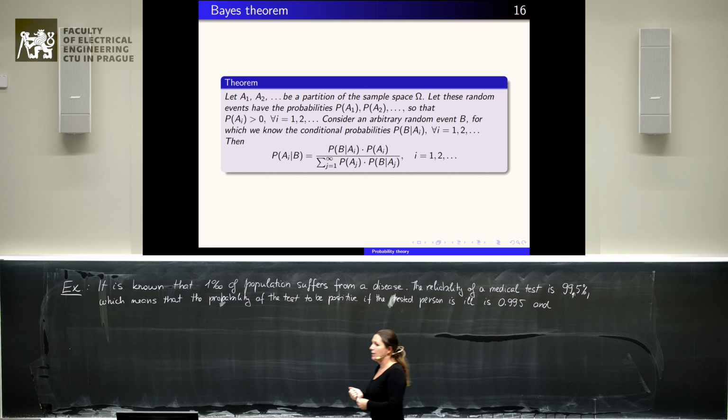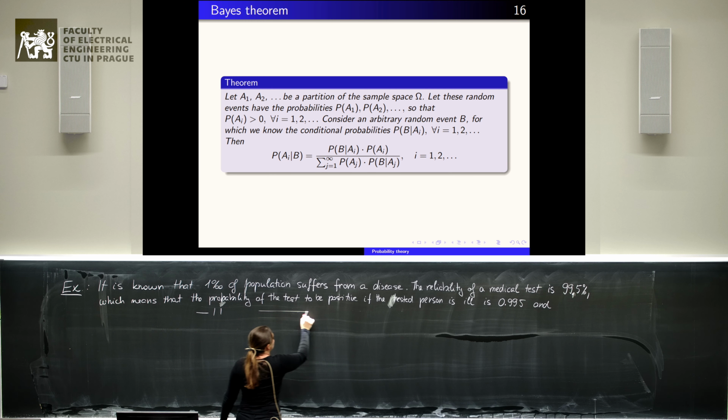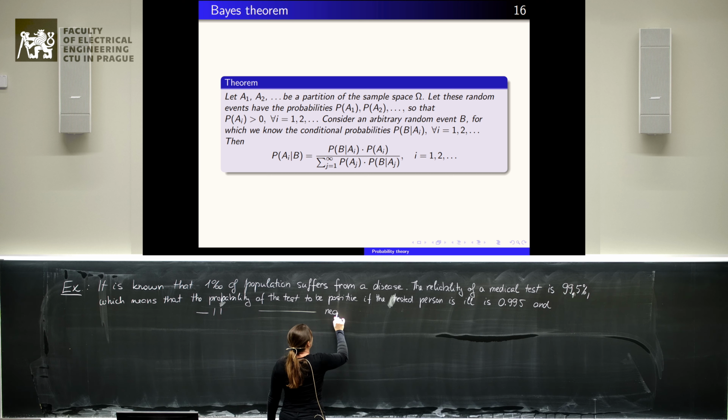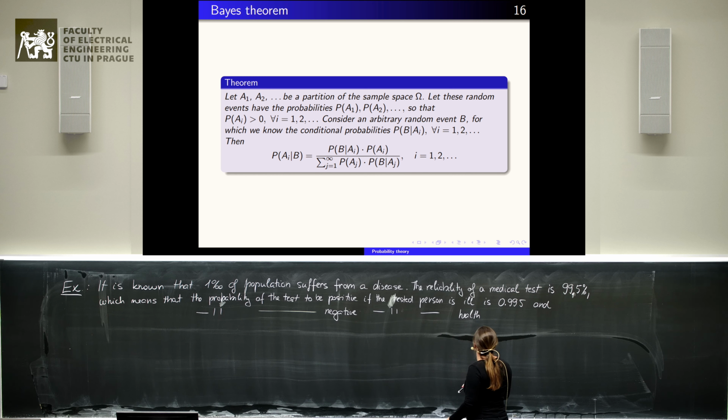And the same holds for the opposite case. So the probability of the test being negative if the tested person is healthy is 0.995 as well.